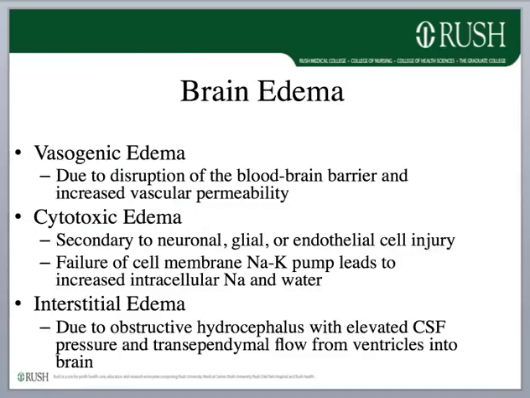There are two main pathways of edema formation in the brain: vasogenic edema and cytotoxic edema. There's a third pathway, which is interstitial edema.